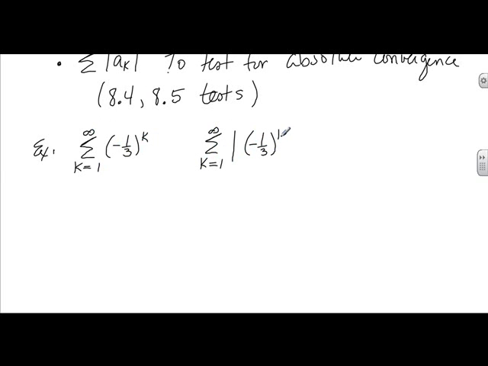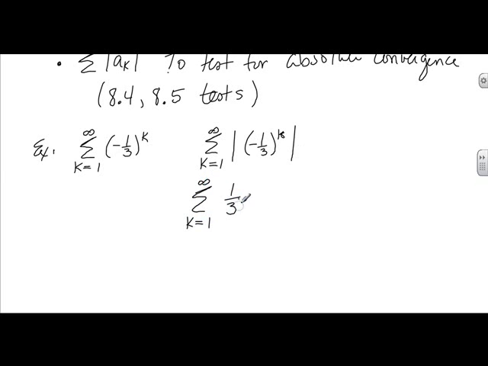Because what I want to do here, I forgot to tell you, is determine if this series converges absolutely or converges conditionally. It's going to be a series that converges, I'll go ahead and tell you that. But does it converge absolutely or conditionally? So we're going to test for absolute convergence. I can clean that notation up a little bit. Basically, the absolute value just removes the negative, and we're looking at the series (1/3) to the k power.